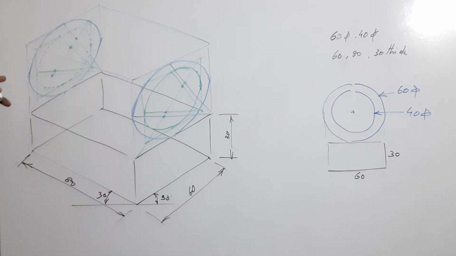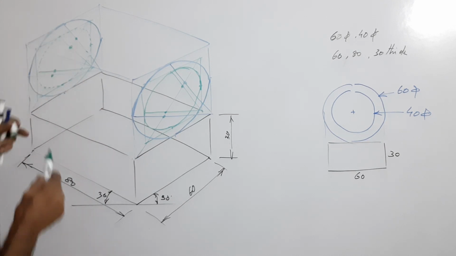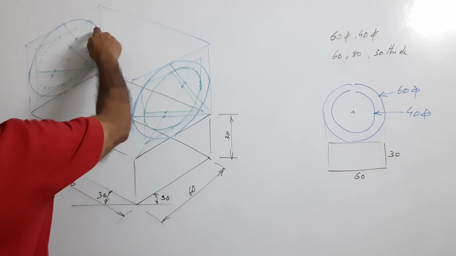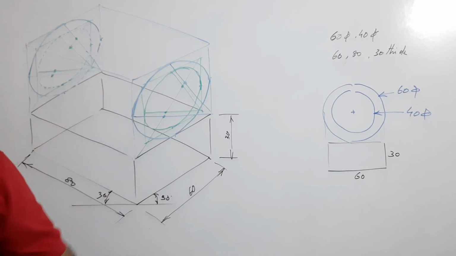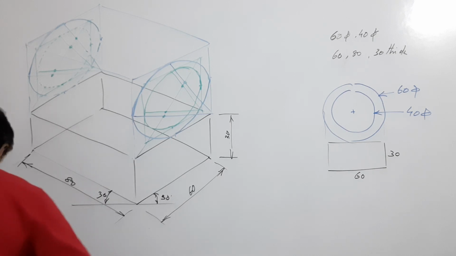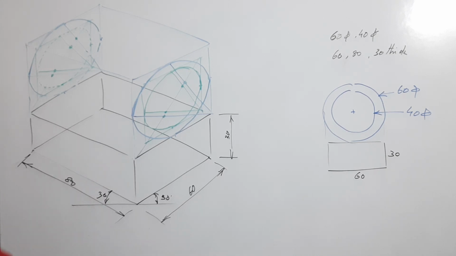The two ellipses are dotted: the inside ellipse is dotted here, the outside ellipse is going to be dotted. Now what? Now draw the tangents.